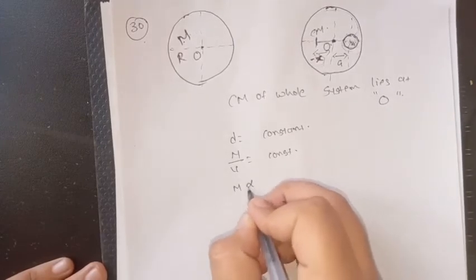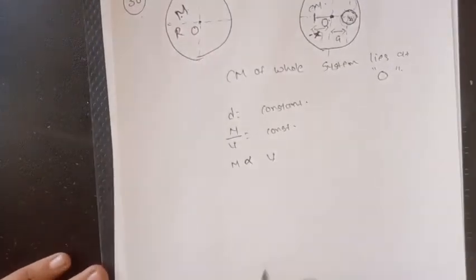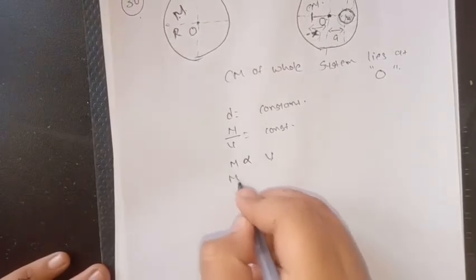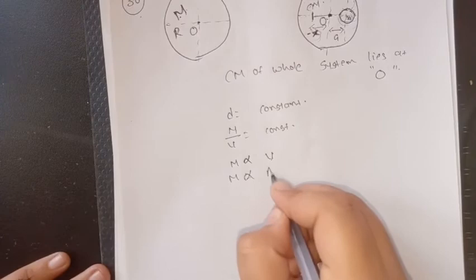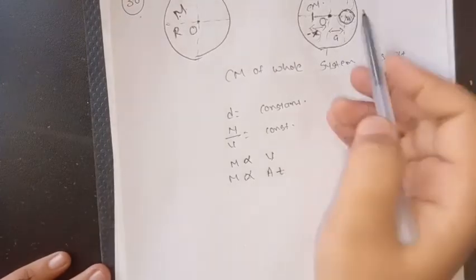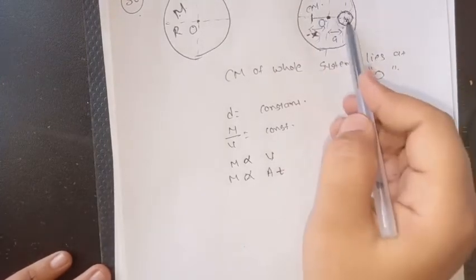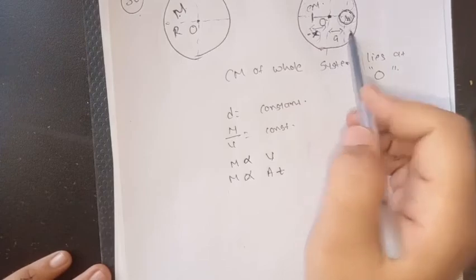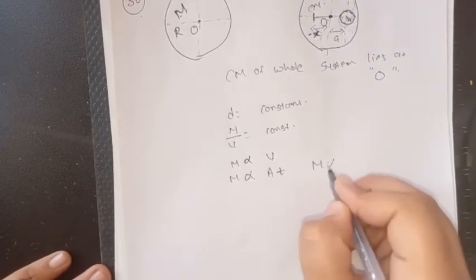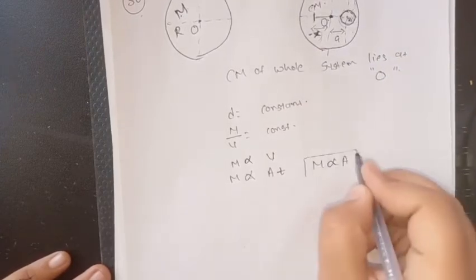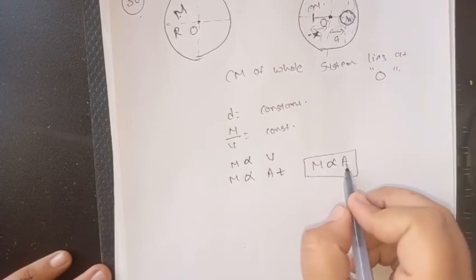Mass is directly proportional to volume. Here for disk, mass is written as area into thickness. Thickness of cut portion and remaining portion both are same, so we can write mass is directly proportional to area. This is called area concept.